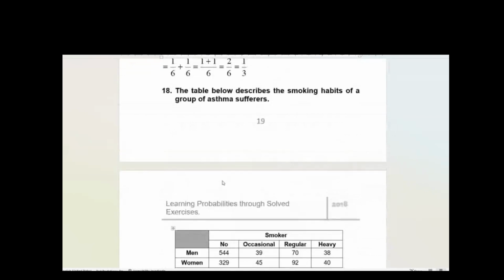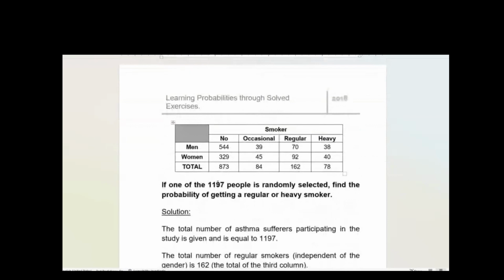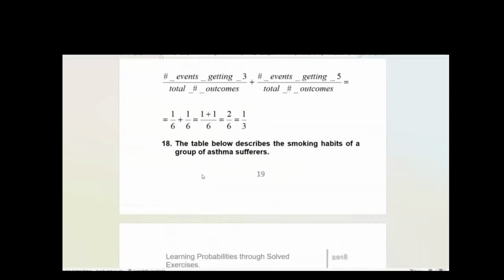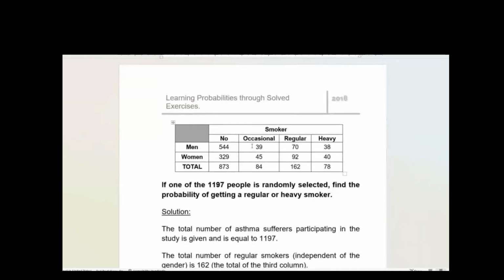Look at this other case. The table below describes the smoking habits of a group of asthma sufferers. In the case of men, 544 are non-smokers who suffer from asthma.